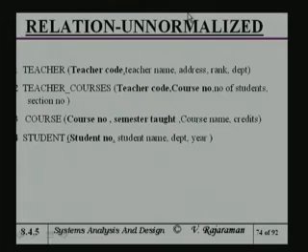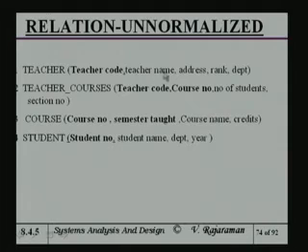So I will make the relations unnormalized to begin with. Teacher code, teacher name, address, rank and department. Now if you look at this relation, it's a fairly straightforward relation.